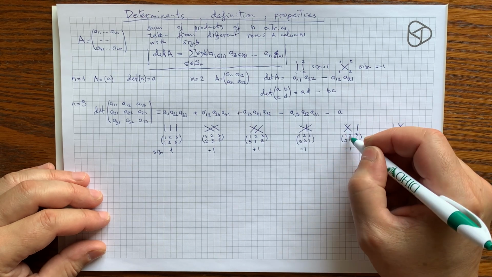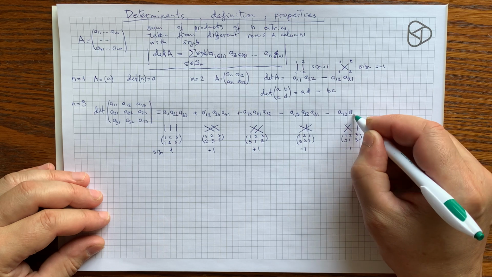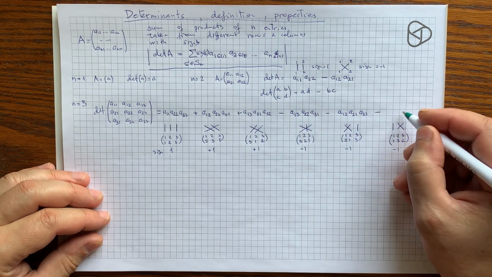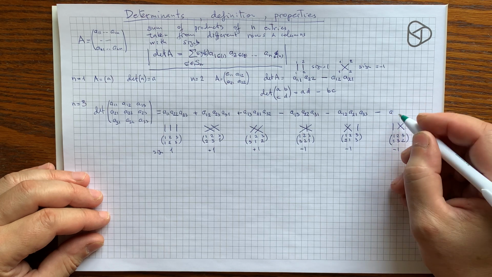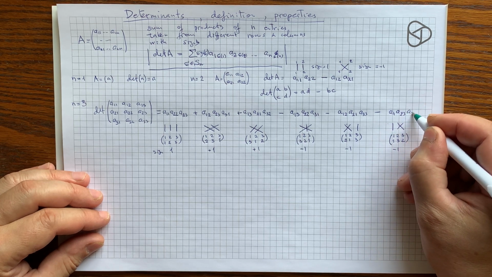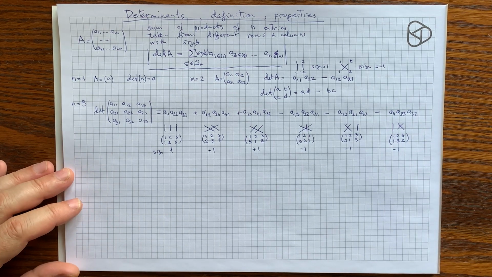Here, A12, A21, A33, and finally A11, A23, A32. That is it. That is the complete formula for the determinant of a 3 by 3 matrix.